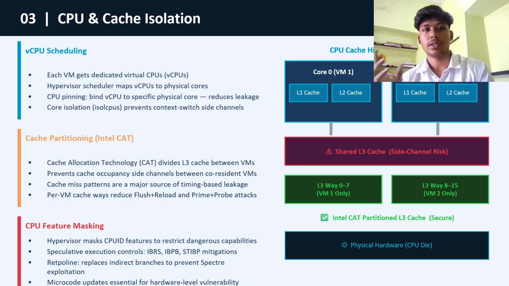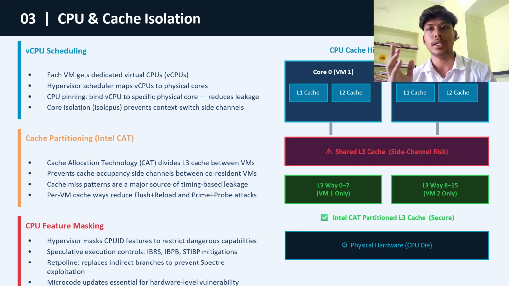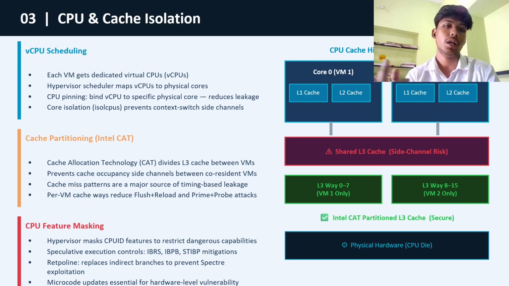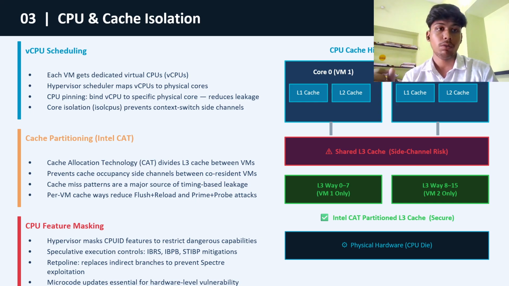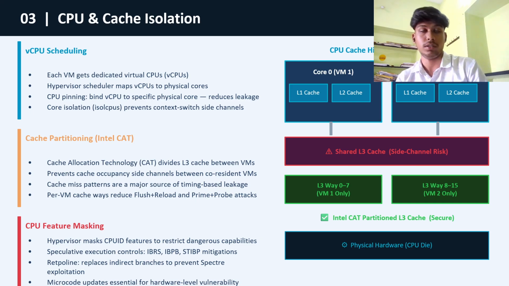IBRS, IBPB, and STIBP are microcode-level controls that restrict speculative execution across security boundaries. Regular microcode updates from Intel and AMD are essential to keep these protections current. So these are the CPU feature masking and the Spectre mitigation.